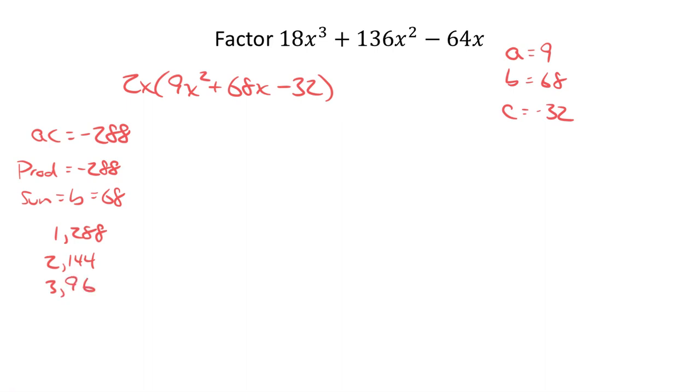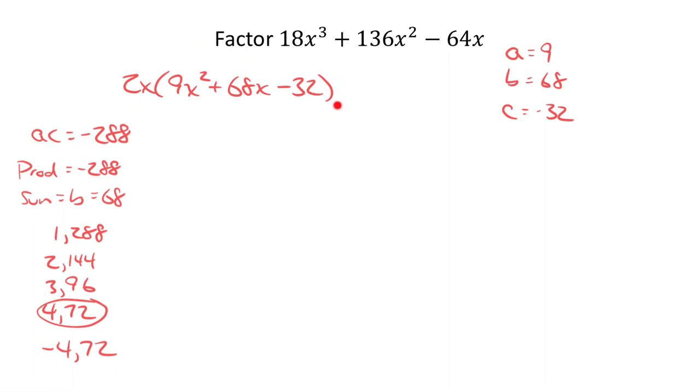The difference between those two is 93. 4 and 72. The difference between those two numbers is 68. I've just found it. So I want negative 4 and positive 72, because when I add those two numbers together, I get positive 68. When I multiply them, I get negative 288.